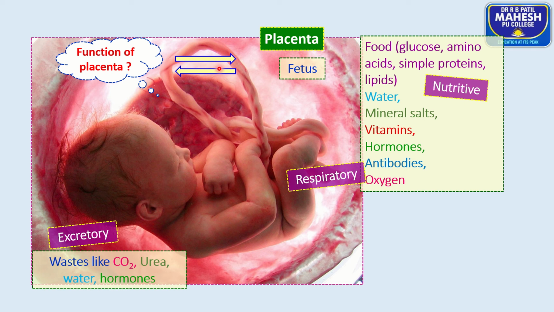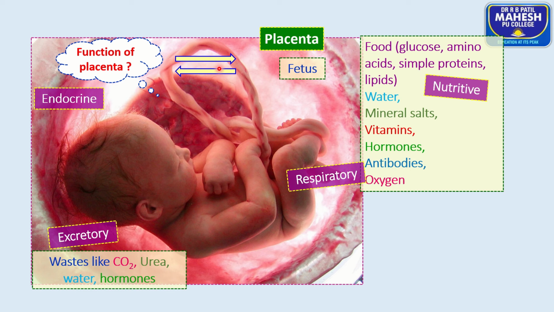Those waste substances accumulate within the fetal blood. They become toxic. So in order to maintain the internal environment, these toxic waste substances diffuse from fetal blood into the maternal blood. Hence it acts as a fetal kidney.